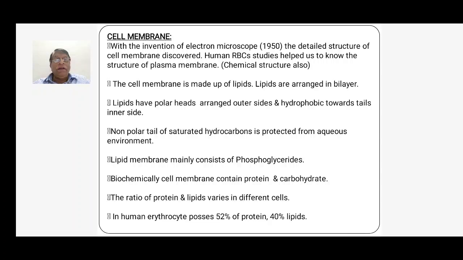Meanwhile, the chemical studies on the cell membrane were also carried out, especially on human RBCs. It helped us to know the structure of the plasma membrane, means the chemical nature or the structure of the cell membrane.